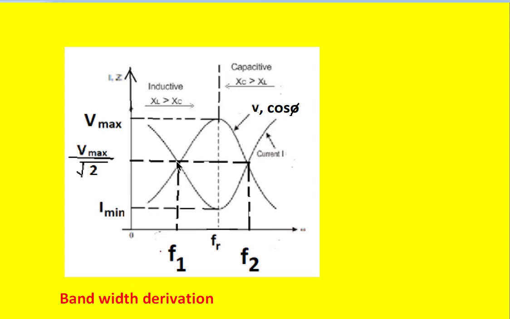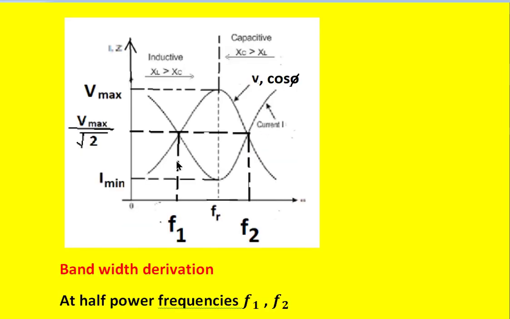In this condition there are two frequencies on the x-axis. One is f1, the lower cutoff frequency, and f2 is the upper cutoff frequency. In these two conditions, the voltage across the circuit is the same and the impedance is also the same.